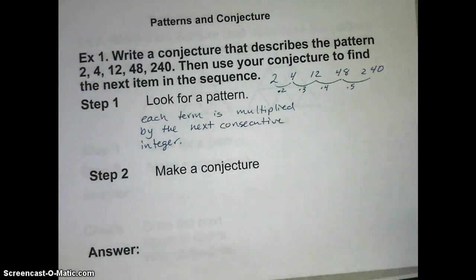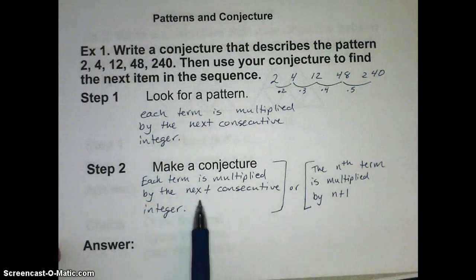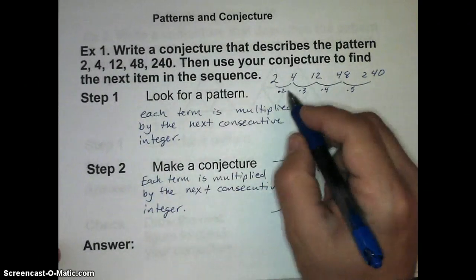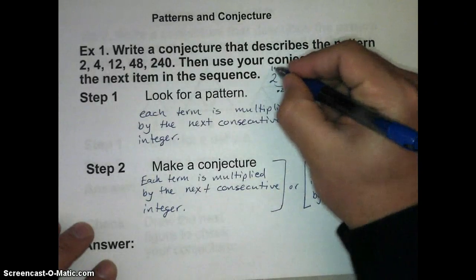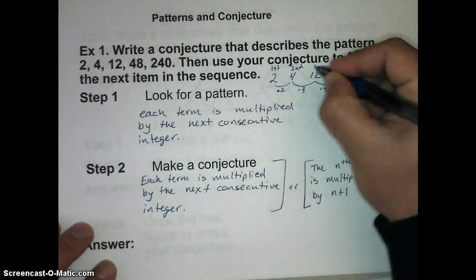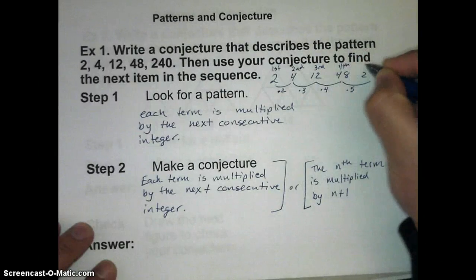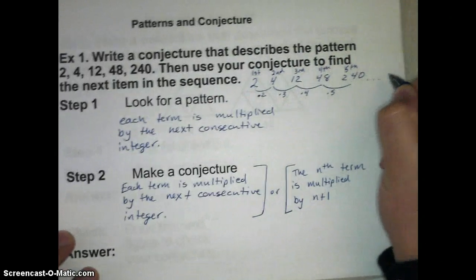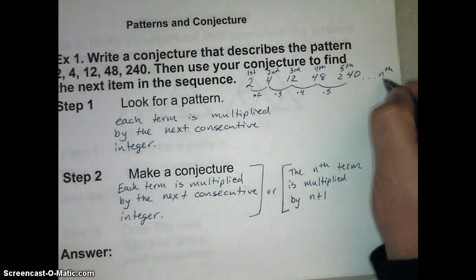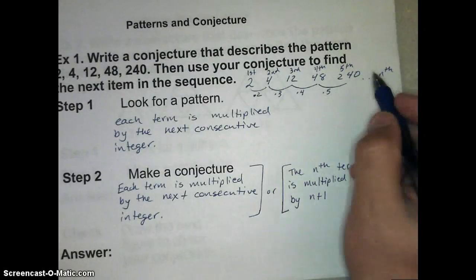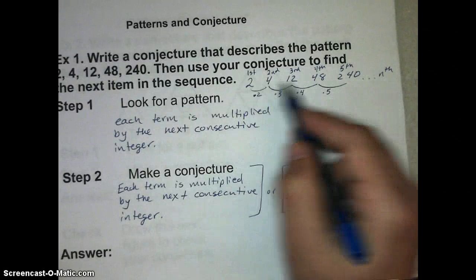So our conjecture could be made like this. We could just restate that each term is multiplied by the next consecutive integer, or if you'll remember back to algebra, you might have talked about something called the nth term. Here this is the first term, that's the second, the third, fourth, and fifth, all the way out to the nth term, which we have as our unknown final term at the end. The n represents that last term in a series like this, whenever the series goes on forever. But n could be any one of these numbers depending on how long I make my sequence.